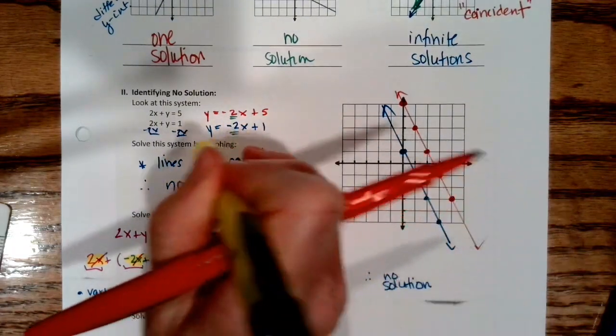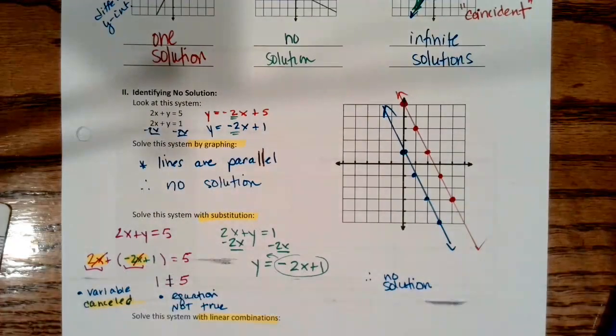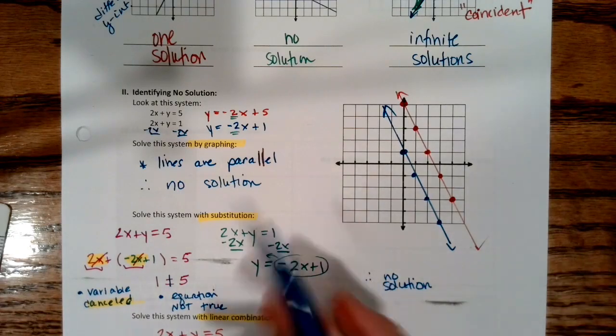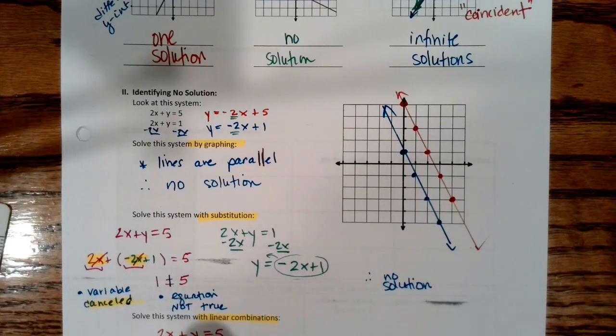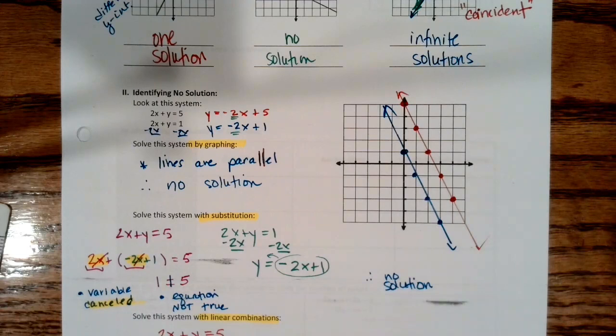We used substitution, we used graphing. Those are our three ways. All right, so I have 2x plus y is equal to 5. And my second number sentence is 2x plus y is equal to 1. So I'm going to go ahead and multiply one equation by a negative. So we'll multiply this equation by negative 1.